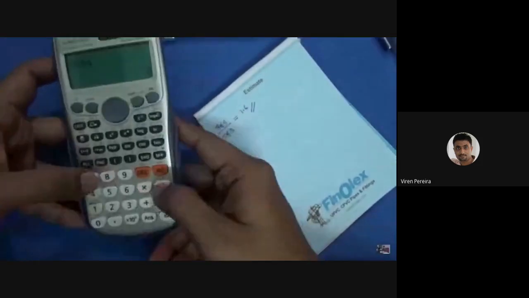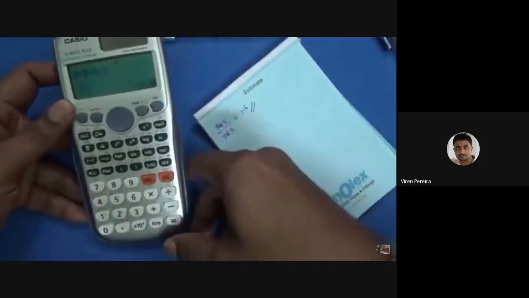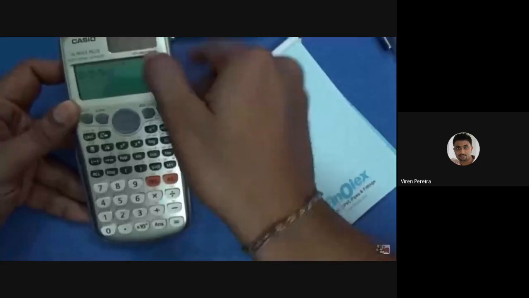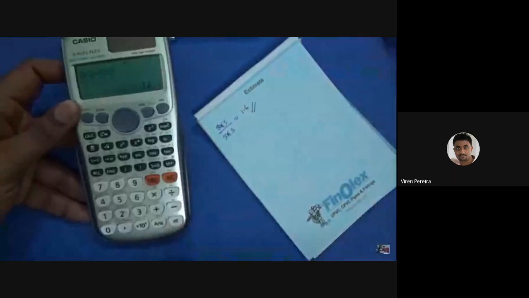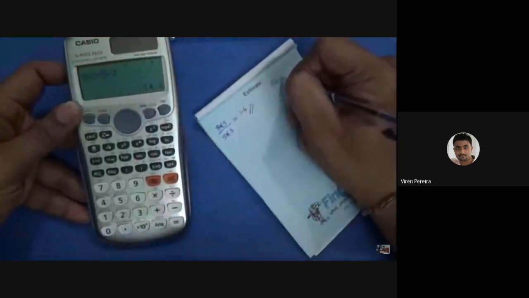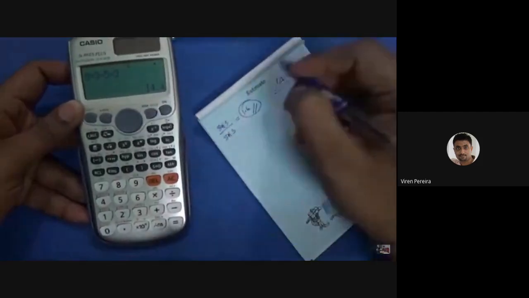Substituting the value, 8 into 3 divided by 5 into 3. This is what we would normally do, because you can input all the terms, and it's quite a large display, so you can input as many values as you want. If I press equal to, I get 14.4, but the actual value is 1.6.